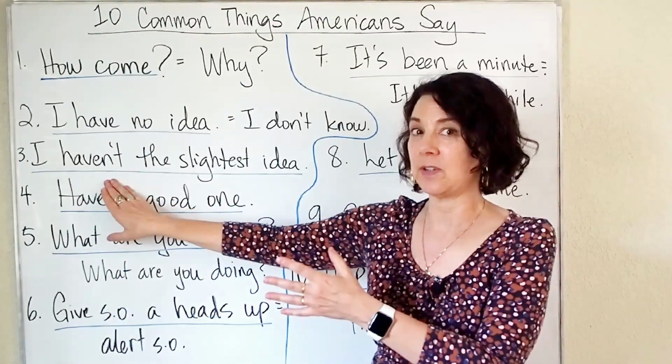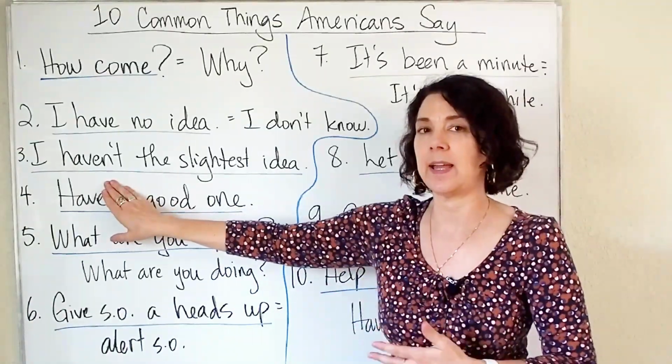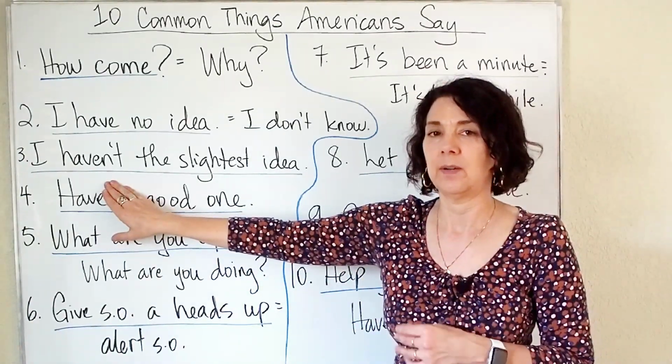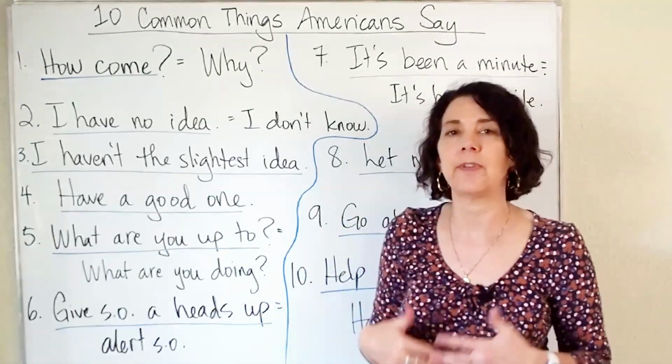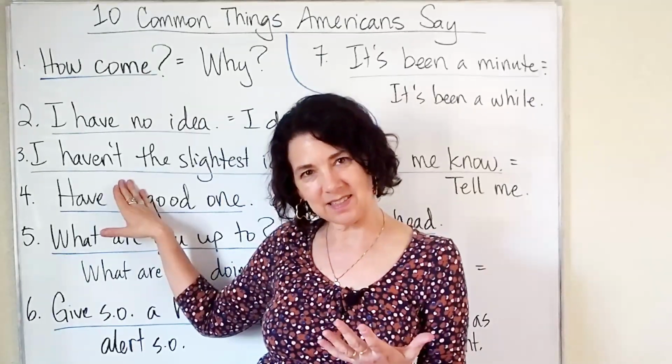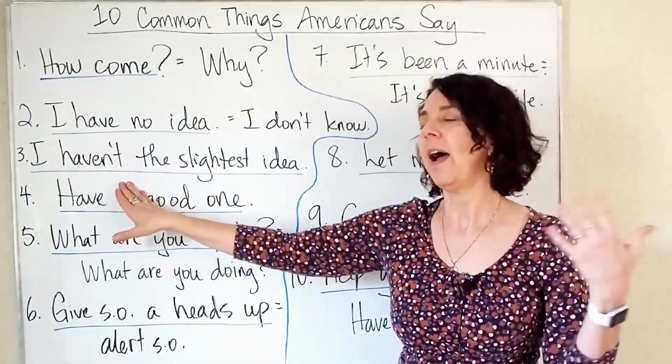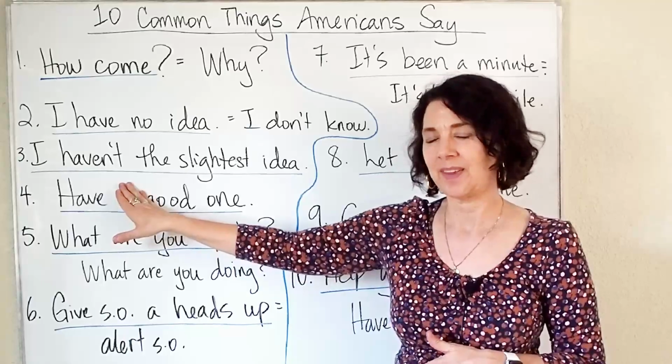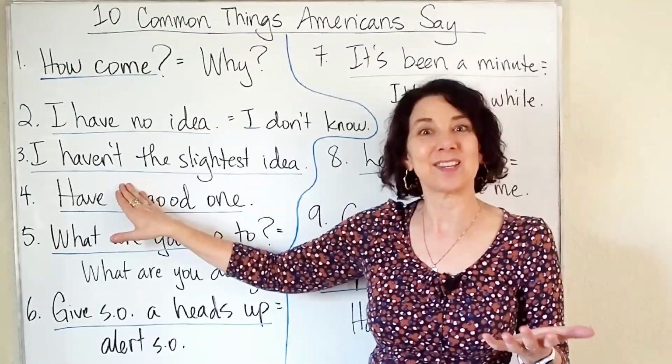For example, we don't say, I haven't any brothers or sisters. We say, I don't have any brothers or sisters. But for some reason in this sentence, we often say, I haven't the slightest idea. Again, I don't know why, but that's what we do.